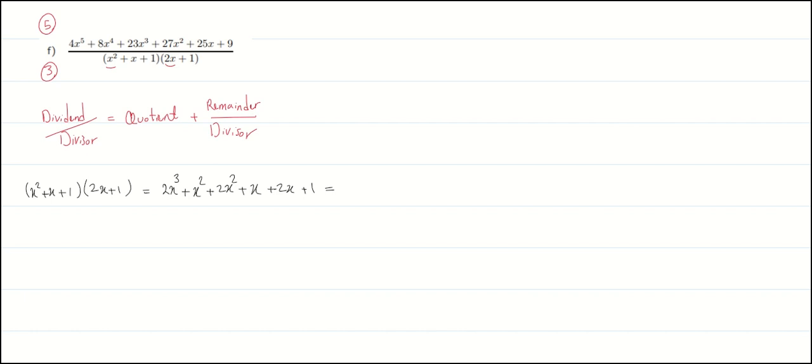So we can write this as 2x cubed plus 3x squared plus 3x plus 1.